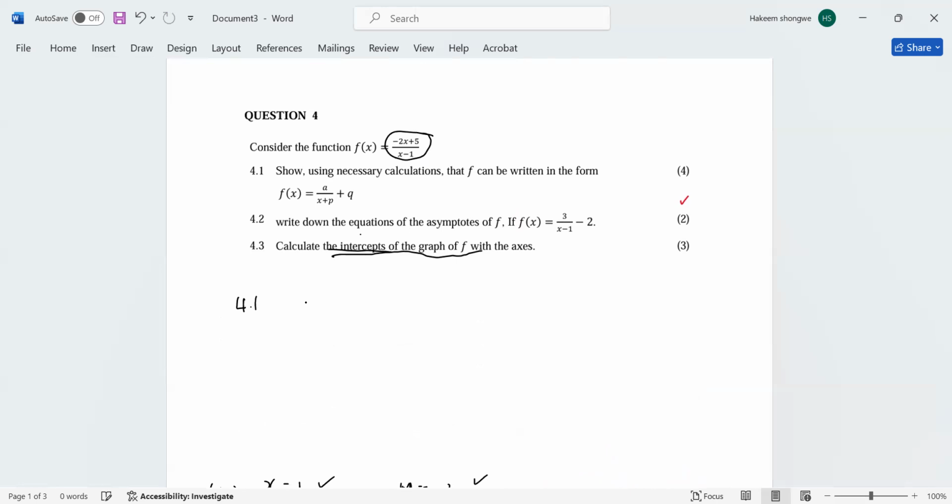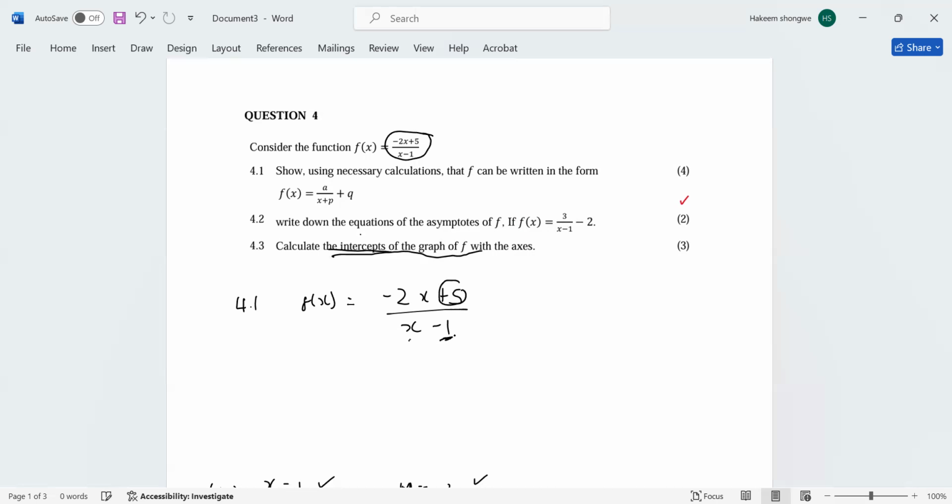It's 4.1. It says we have f of x equal to minus 2x plus 5 all over x minus 1. The way I usually say it is that we have an x which is negative and an x which is positive. So I'm going to change this one and make it positive.